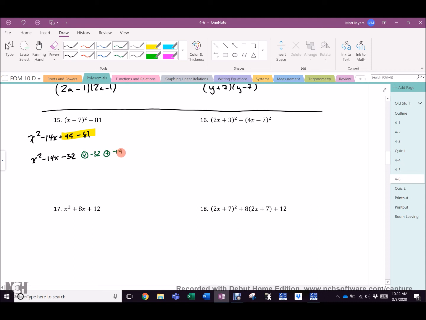Is it 1 and 32? Is it 2 and 16? Yes. How do I get 2 and 16 to give me negative 14? So I get x minus 16, x plus 2. Everybody cool?